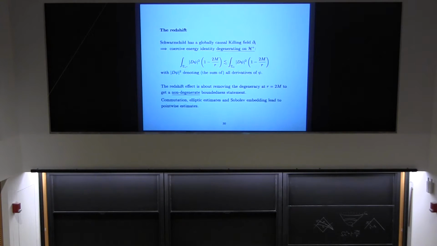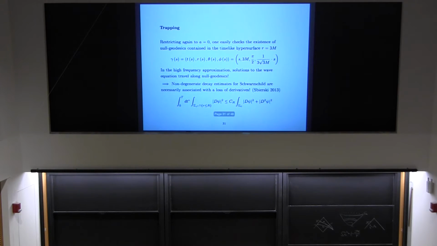So your energy loses control near the event horizon. In particular, having just this estimate is consistent with psi growing along the event horizon. And the redshift effect is precisely about finding a geometric vector field which allows you to remove this degeneration. I'm not going to say more about that.